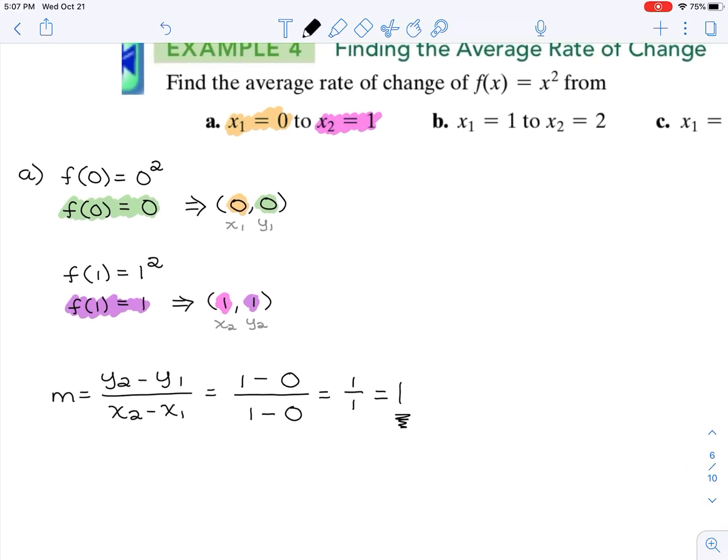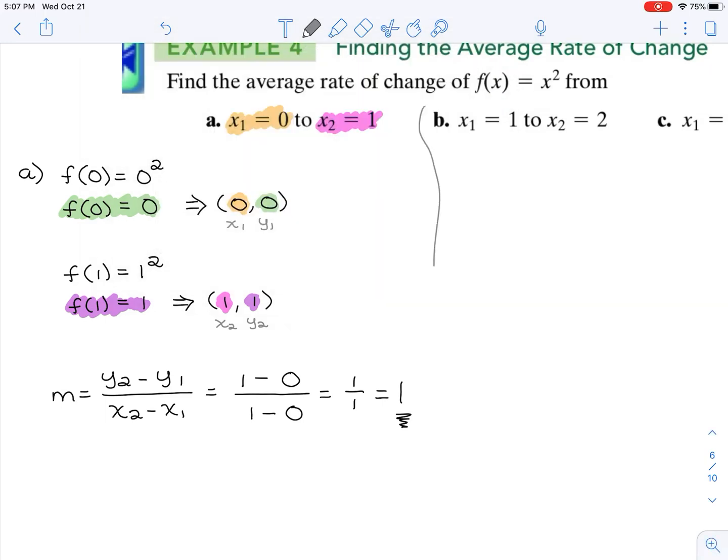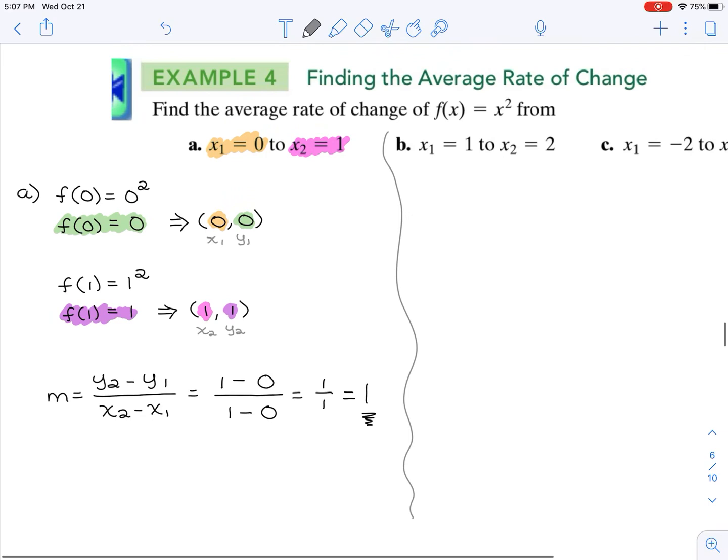Now, for part B, I'm going to do it slightly differently so that you can see the difference between just writing it as slope and writing it as the actual average rate of change.